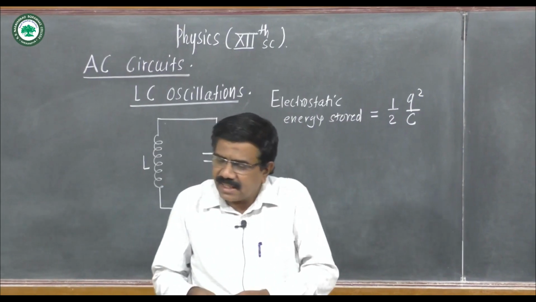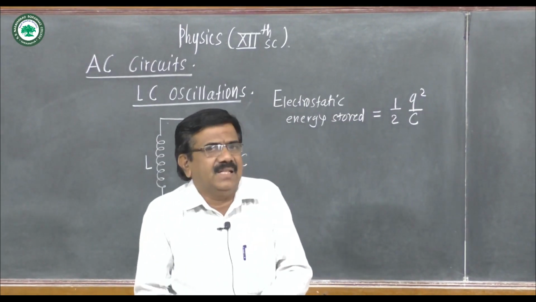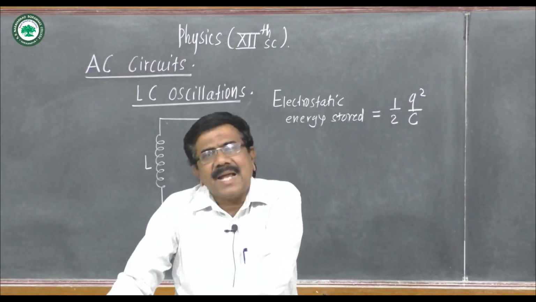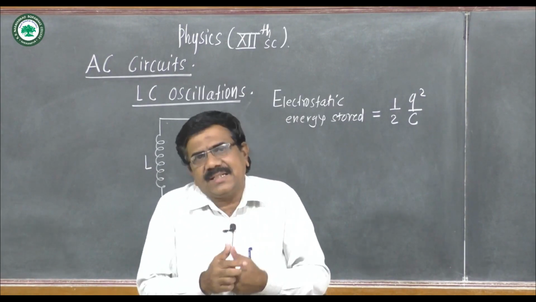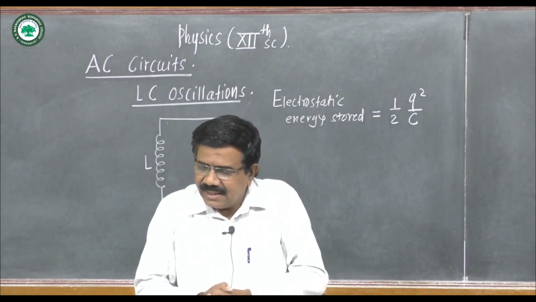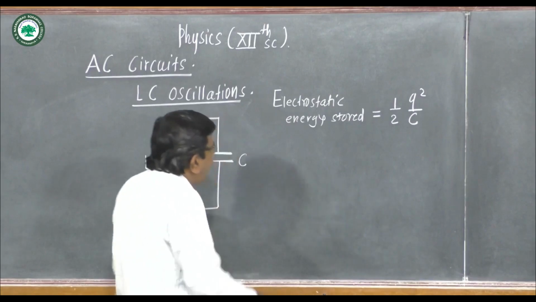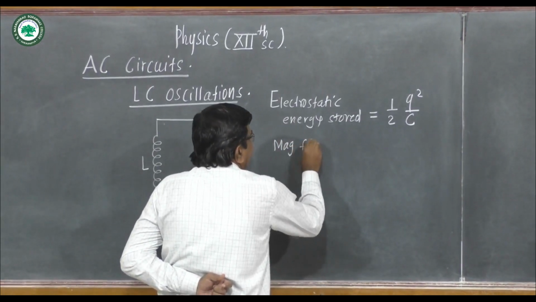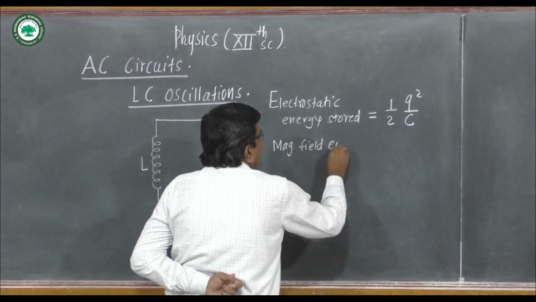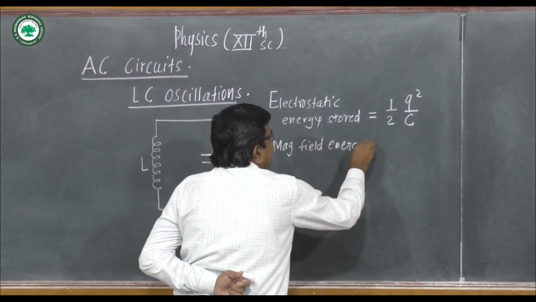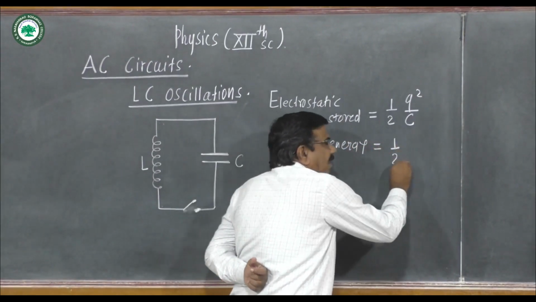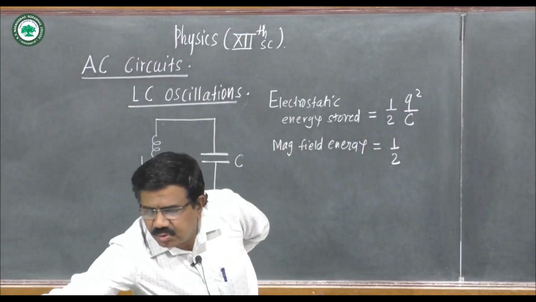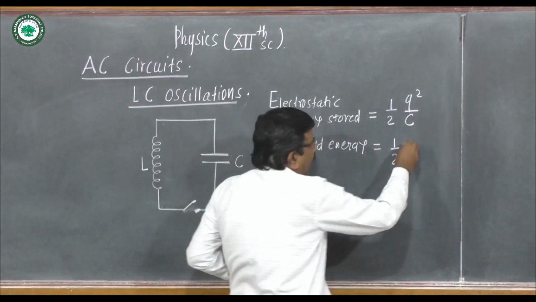And if the current I passes through the inductor coil L, the magnetic field energy in the inductor is given by 1/2 L I square. So these are the formulae.